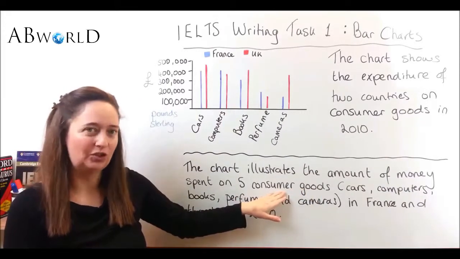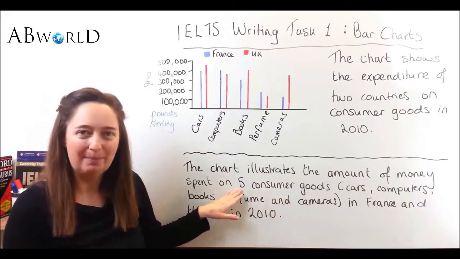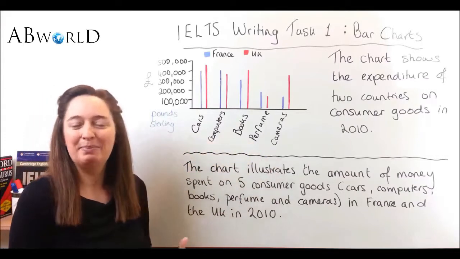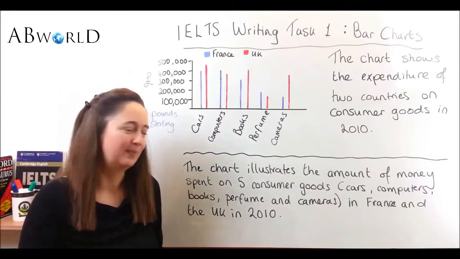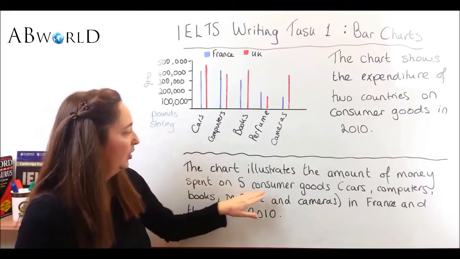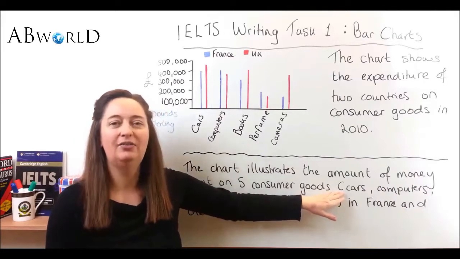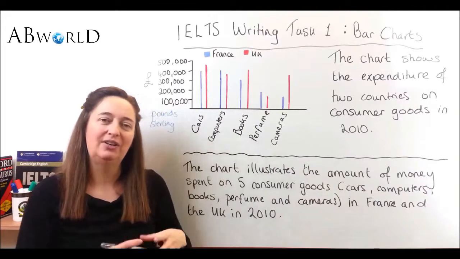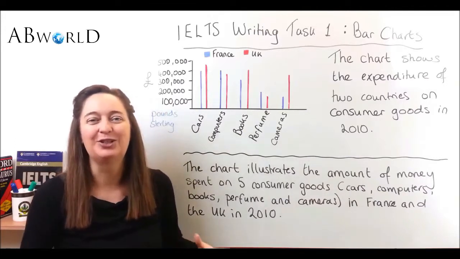I don't want to change it, but I do add the number. It's time to introduce the categories. Remember, this is your introduction. You want to introduce the information. So the amount of money spent on 5 consumer goods. And here you can see that I have given the list. Now, it's very good to give a list of the categories, but only if it's not too long.